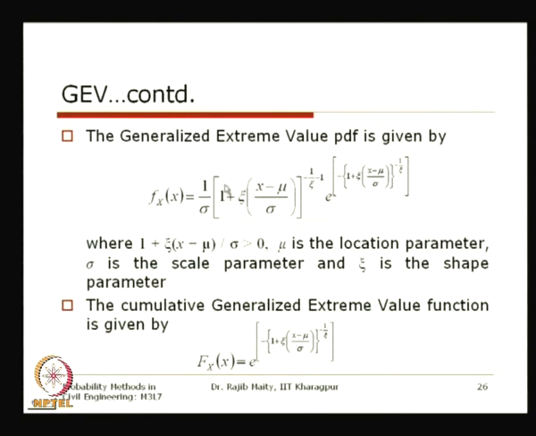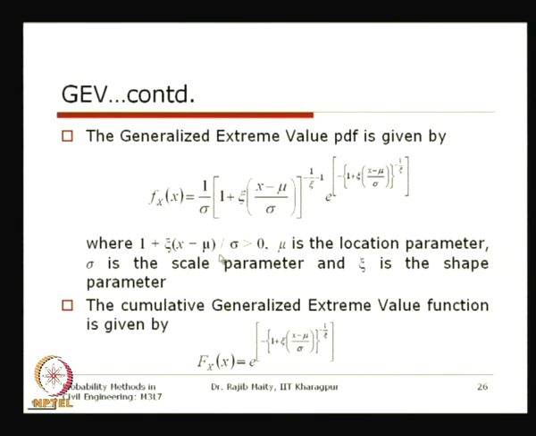Now, this is the generalized extreme value PDF. It looks mathematically complex, but if we take the parameters group-wise, it is not that difficult to tackle. Here we have the group xi times (x minus mu) by sigma, and this combination should be greater than 0.